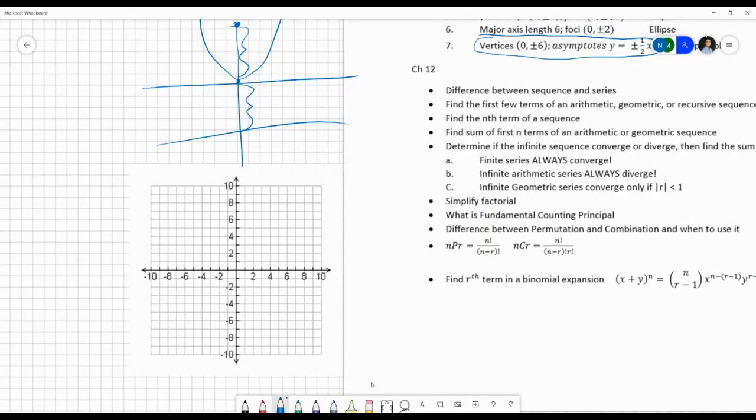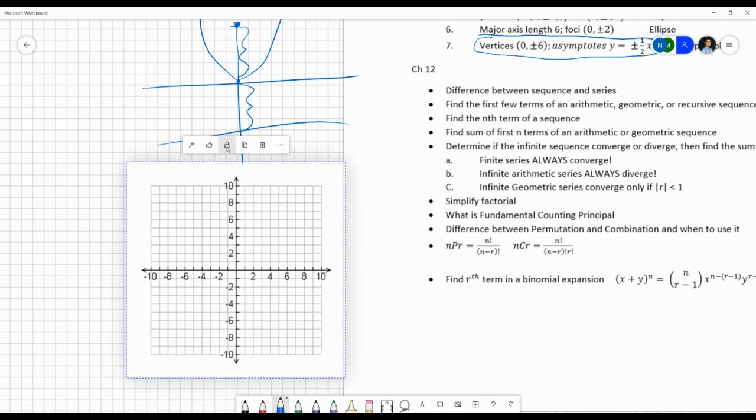Okay, vertices are (0, plus or minus 6). So we got one right here. Oh, sorry, it'd be on the y-axis, right? So it's up here. And then they tell you the asymptotes. Basically, these are the diagonal lines.